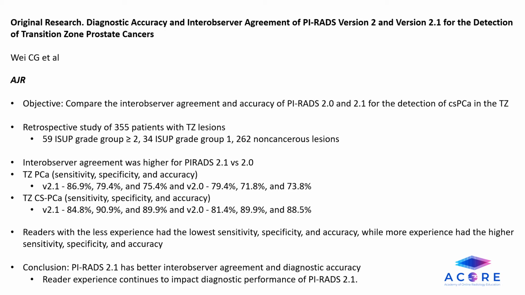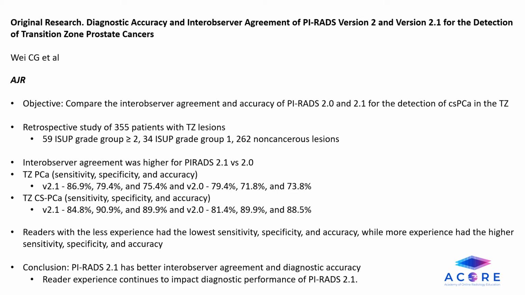Inter-observer agreement was higher for PIRADS 2.1 versus 2.0, with higher pooled AUC for the detection of prostate cancer versus clinically significant prostate cancer. The pooled sensitivity, specificity, and accuracy were also higher in PIRADS 2.1.